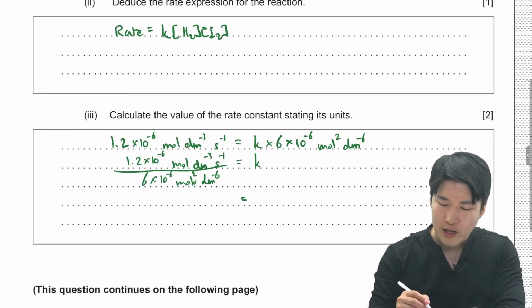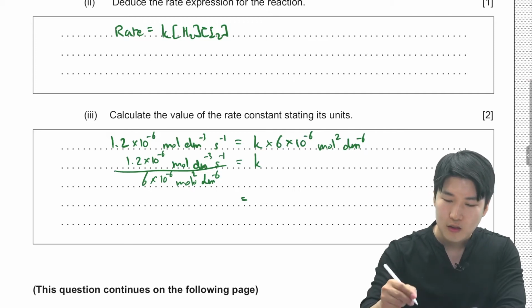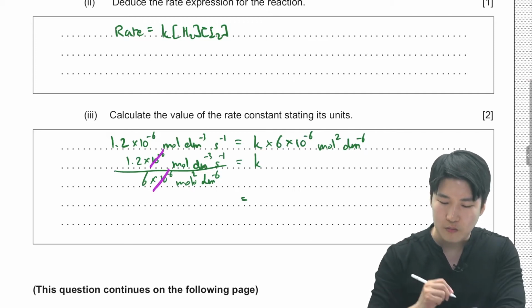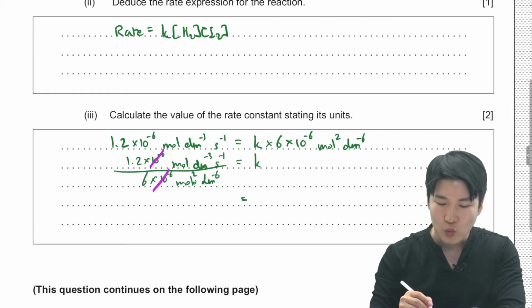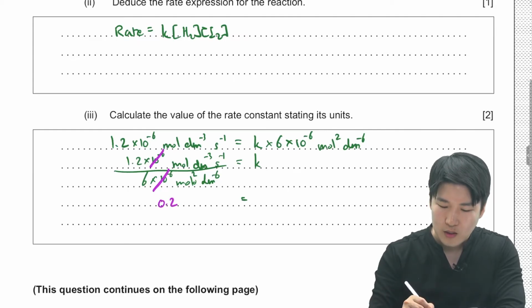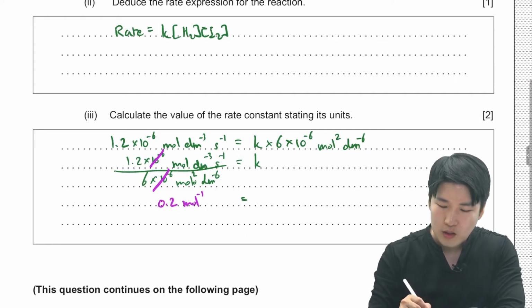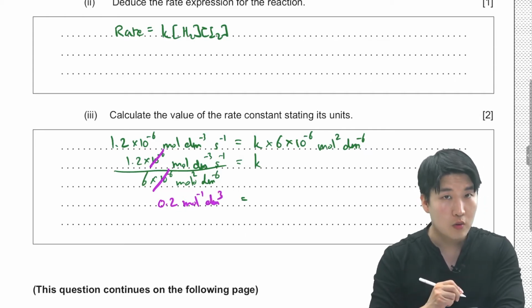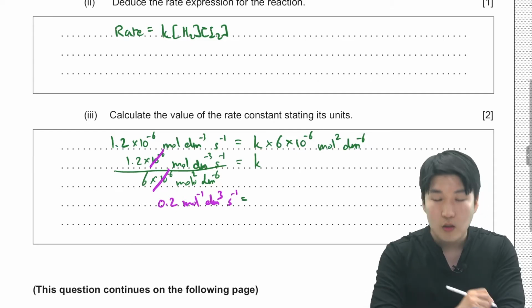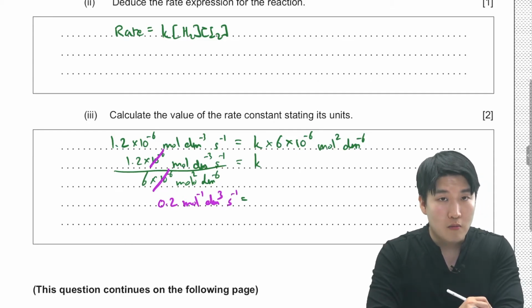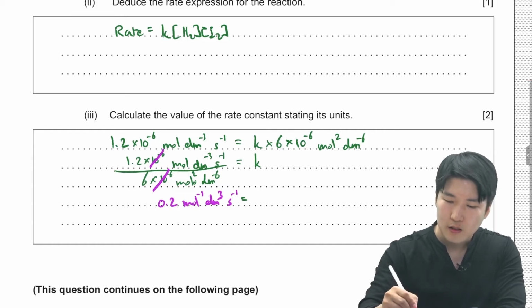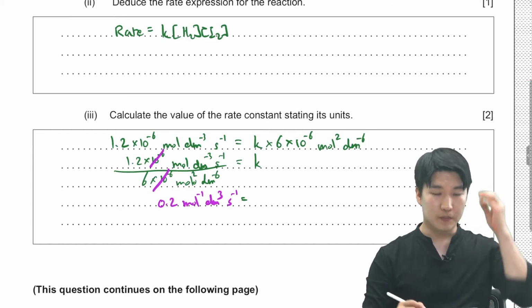So we will have 10 to minus 6 multiplied, cancelled out. Goodbye. Which leaves us with 1.2 over 6. That can be simplified as 1 over 5 or 0.2. Mol to the power of minus 1 dm cubed s to the power of minus 1 is k, the rate constant.